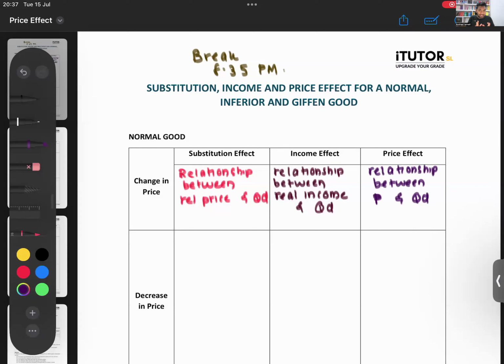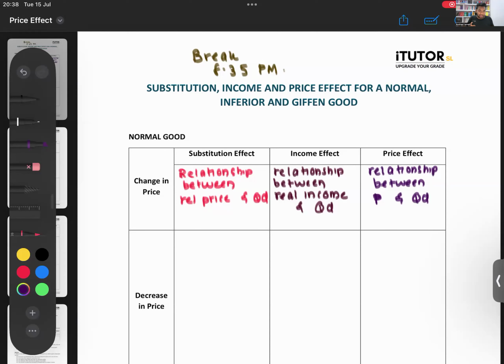So let me now explain that story to you. Substitution effect: the relationship between relative price and quantity demanded. Income effect: the relationship between real income and quantity demanded. Price effect: the relationship between price and quantity demanded. So remember, the substitution effect plus the income effect is what we call the price effect.